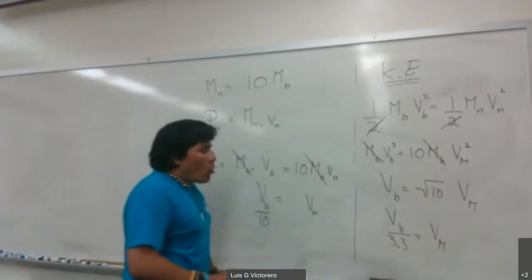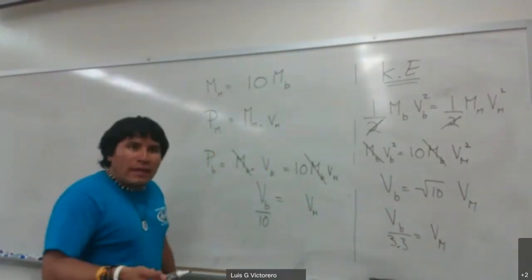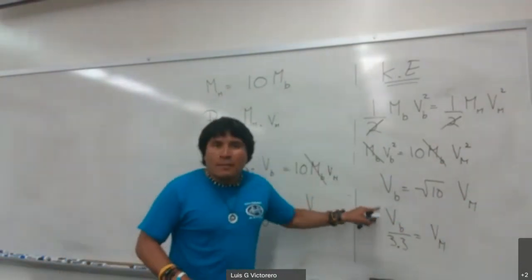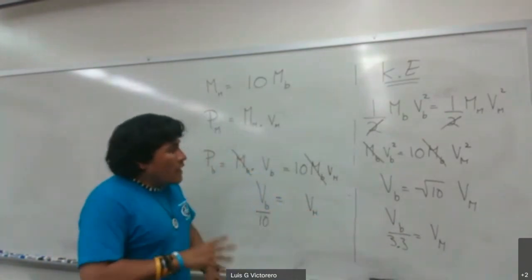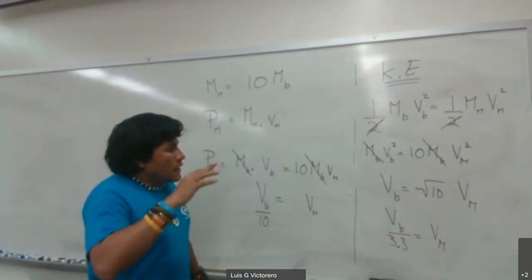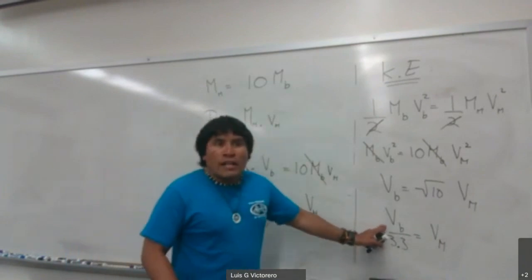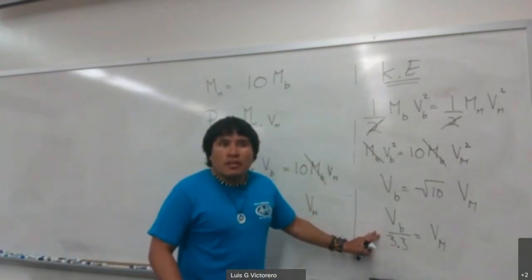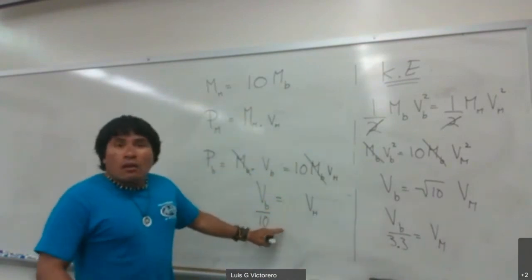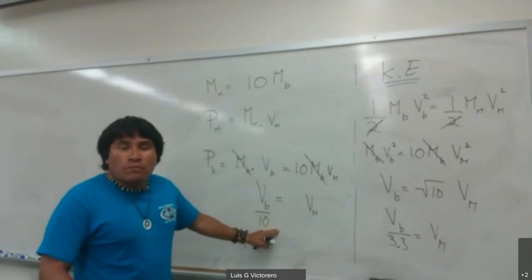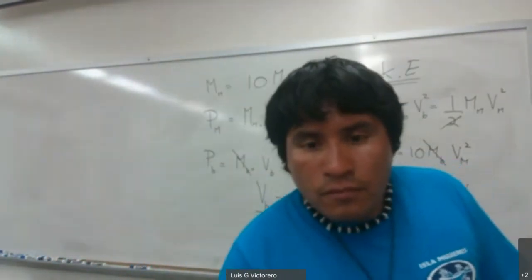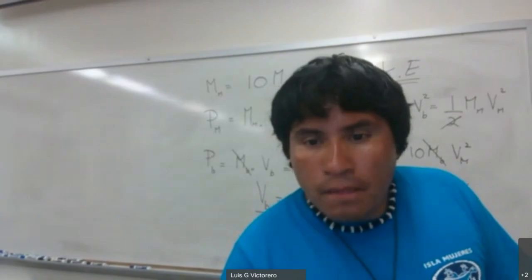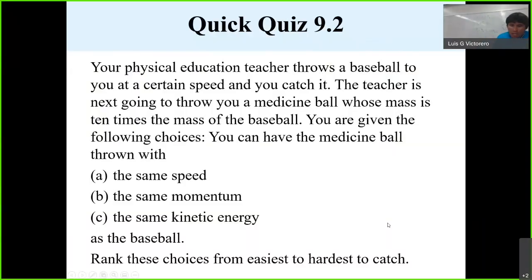So the medicine ball will go at a higher speed if they have the same energy. That means that it will be harder to catch it if they had the same energy, and easier if they had the same momentum. So the answer for that question will be momentum, energy, and speed.